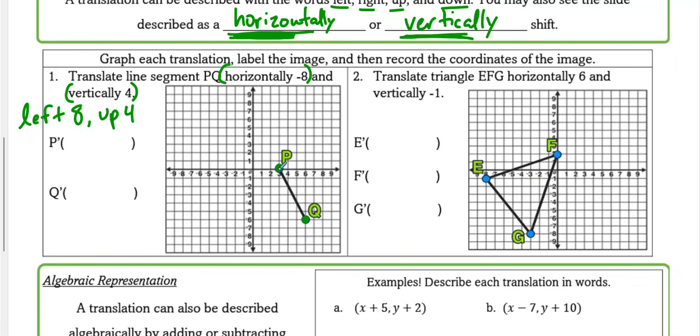I'm going to take point P and move it 1, 2, 3, 4, 5, 6, 7, 8 to the left. And I'm going to move it 4 up. So up 1, 2, 3, 4. That is the new location for P. It slid 8 to the left and 4 up. So the new spot is now -5, +4.